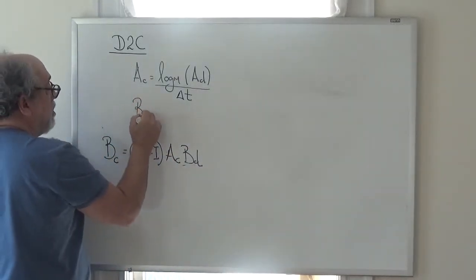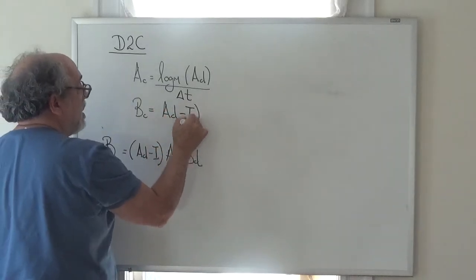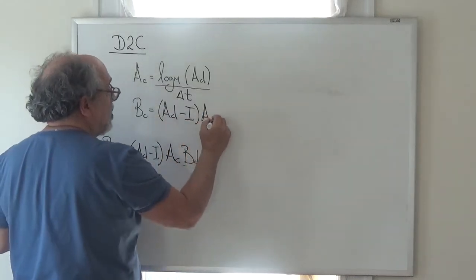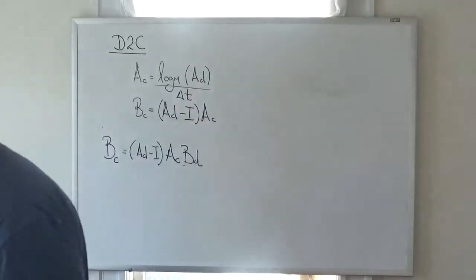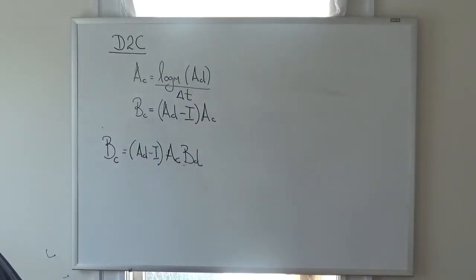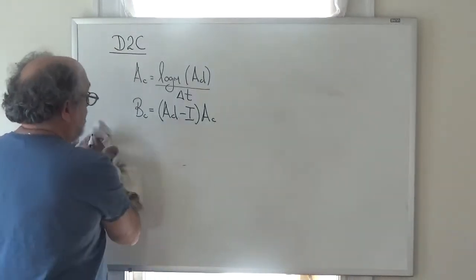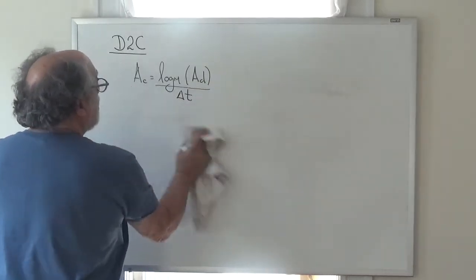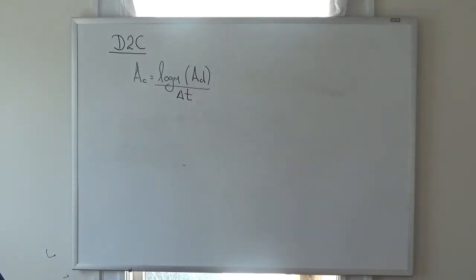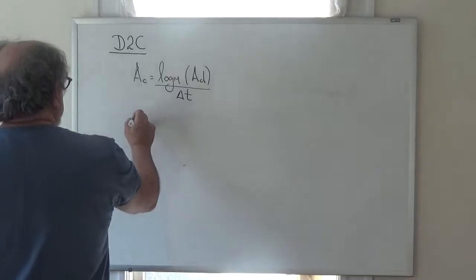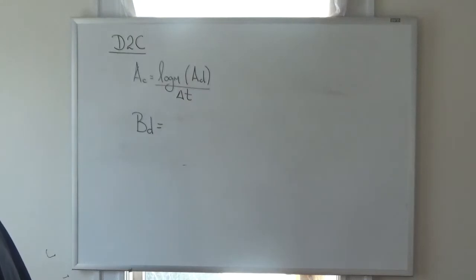So let me put it here. B continuous equals A discrete minus the identity times A continuous. Wait, that's to the minus 1, right? Yes. I'm being very sloppy. Wait a second. Start again this part. Again, B discrete, because I think I just made an error as I was writing it down the second time.